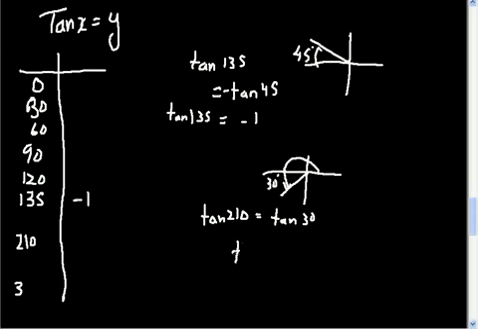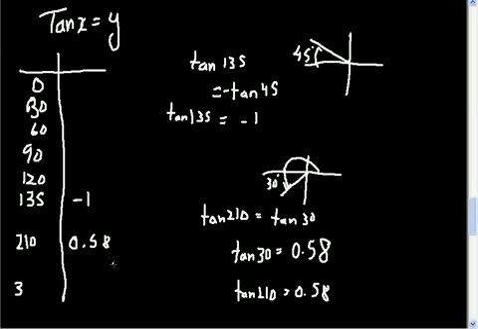Tan 30 is approximately 0.58, so tan 210 is 0.58 as well. There is no difference in sign. The rest of the values are on this table.